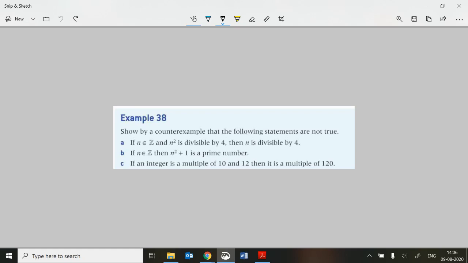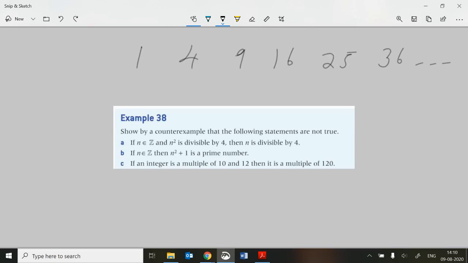Okay, so let's just think of some examples here. It says if n squared is divisible by 4. Well, let's just think about our square numbers. Again, here we don't need to come up with this in algebra. We just need an example. So our square numbers are 1, 4, 9, 16, 25, 36, and so on.